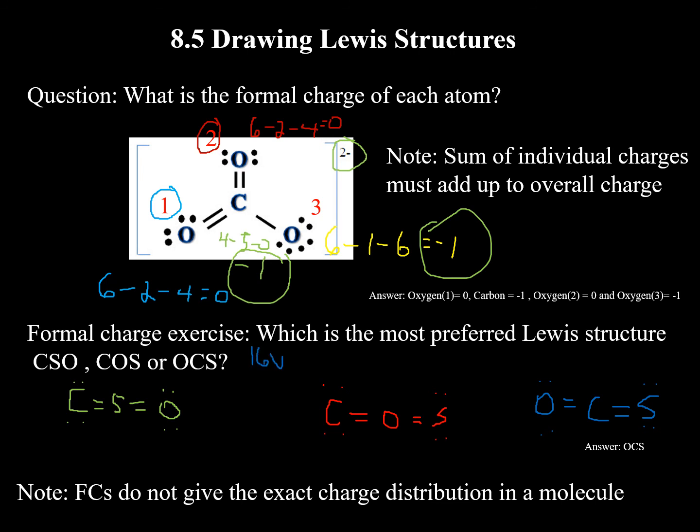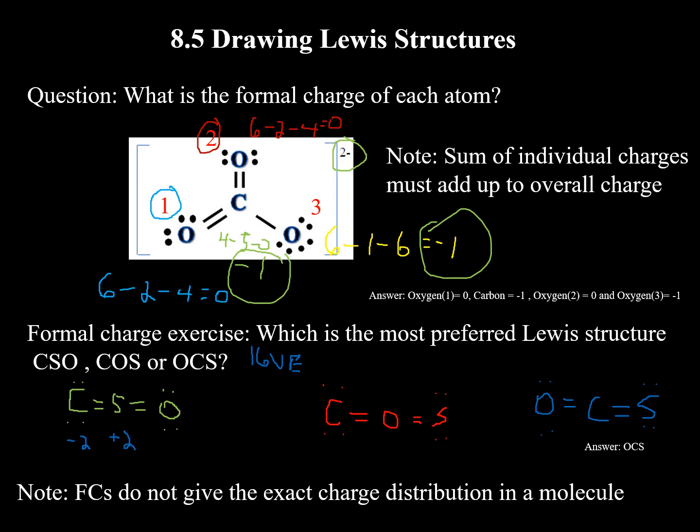I'll quickly go through the formal charge for each case. For the structure on the left, it would be 4 minus 2 minus 4, which is -2. In the middle, it would be +2: 6 minus 4 minus 0 is +2.